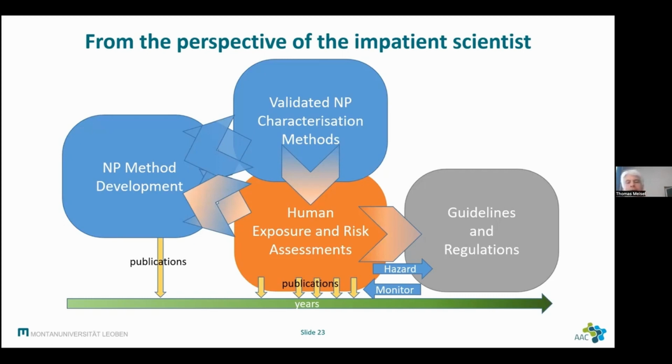This is a little bit more of a mess, but this is reality, and this is actually how science works. You cannot wait till methods are standardized, harmonized, and the reference materials are available. They will always be behind. But this is not an excuse to publish whatever you want.